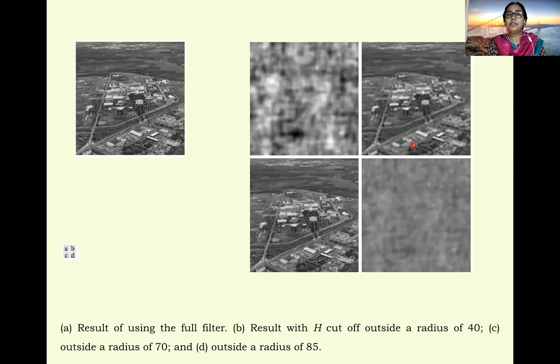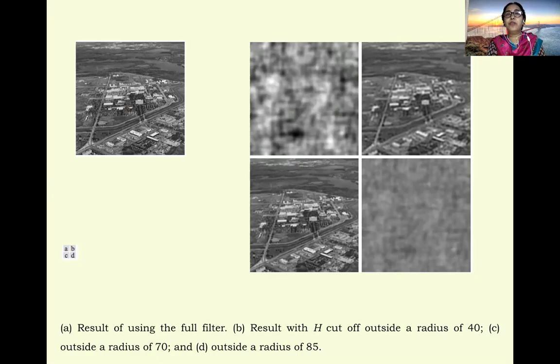Now this is with a kernel of radius 40. This is a kernel of radius 70. This is a kernel of radius 85. Therefore, it is clear that if our original image is degraded, then the recovery of the image depends on the kernel of the filter. Therefore, if the kernel is full, this is the output.